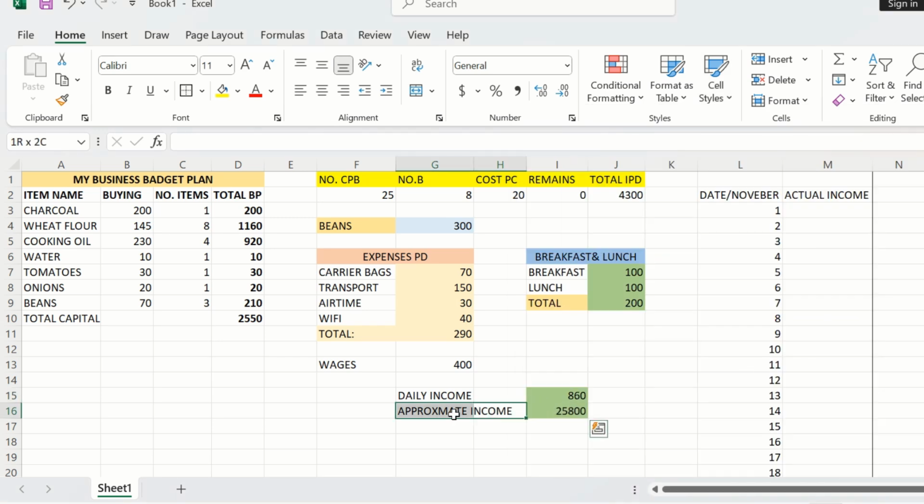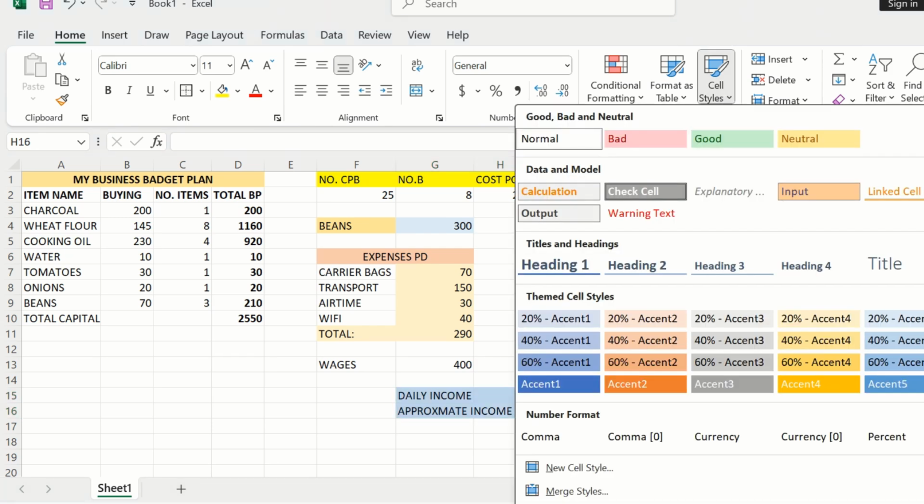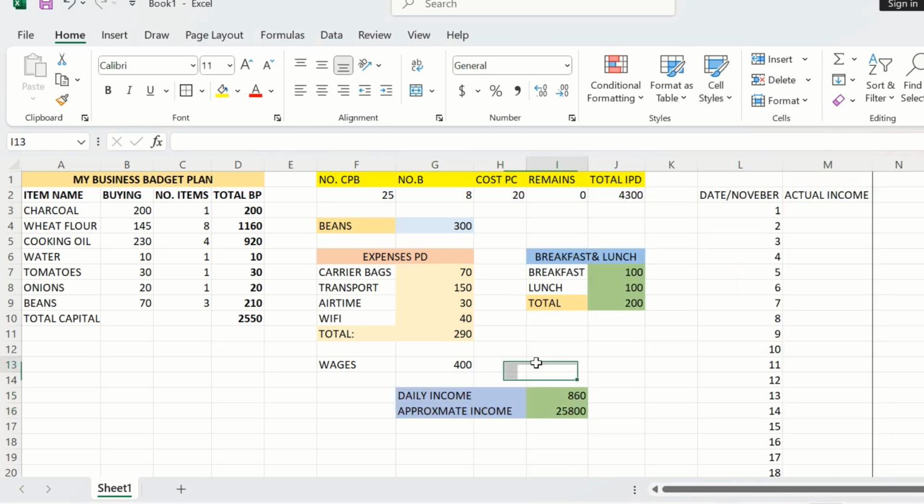So you just apply simple formatting to make this look more professional, right?